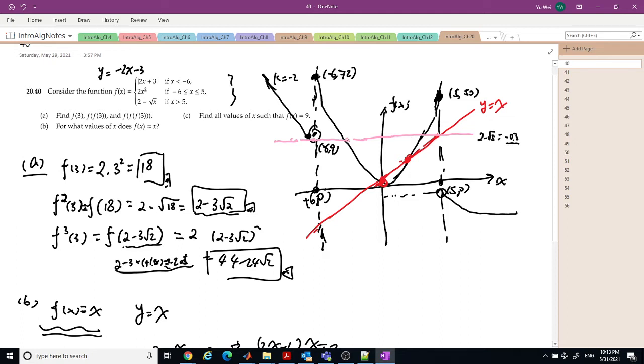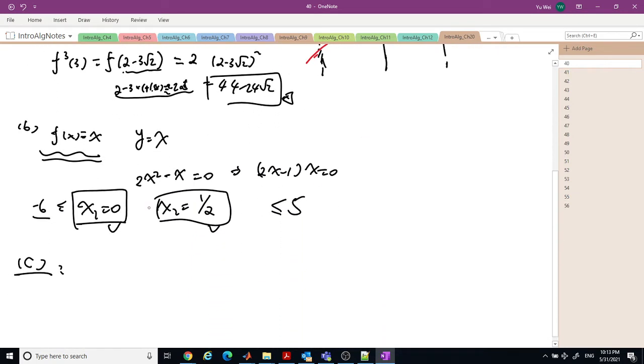The only solutions are here and here, still within the 2x squared section. So for C, 2x squared equals 9.